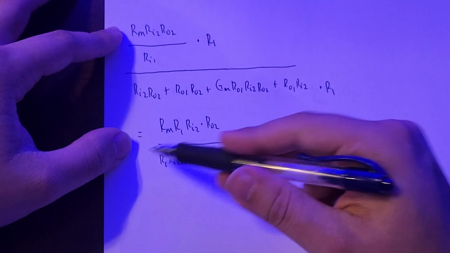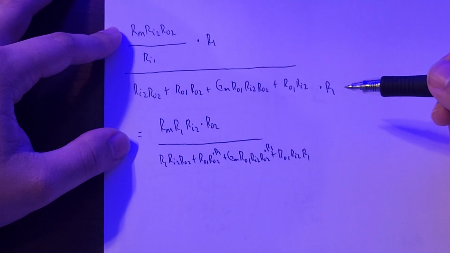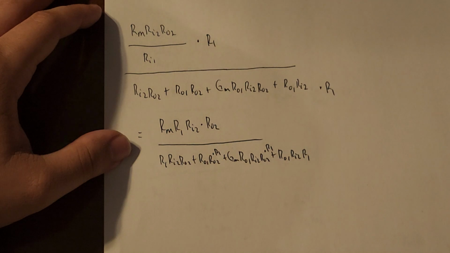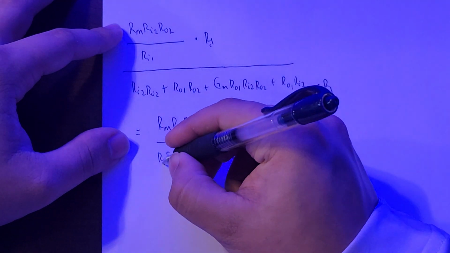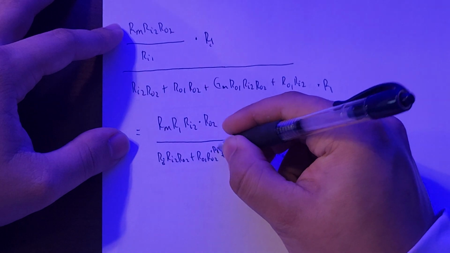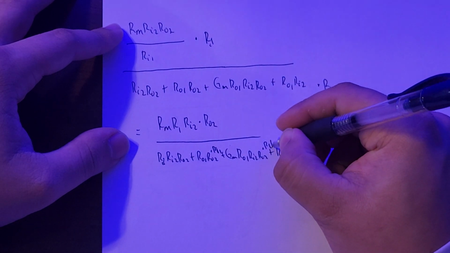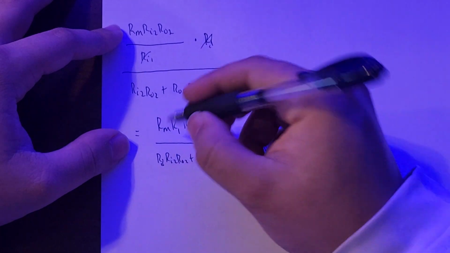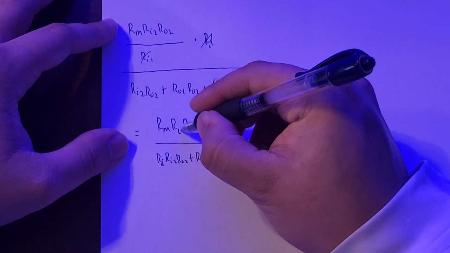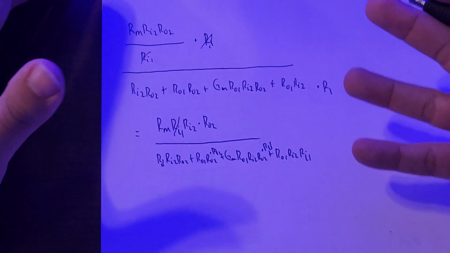Okay, but we can cancel out all the R1s. Can't we? Oh. This is supposed to be R in 1. Oh my god. Sleepy. Those are supposed to be R in 1s, and this is just supposed to cancel out. I don't know why I just left that there. R in 1 shouldn't even be here. That's the whole reason I did that, right?